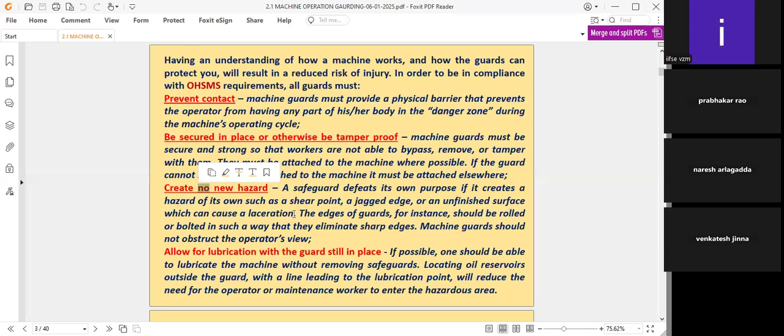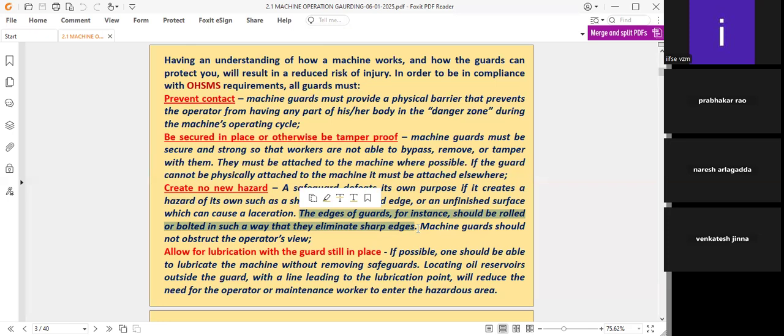Very, very important. Most of the guards are always GI pipes or GI sheet only, where the GI sheet is made locally in their workshops, and that GI sheet has sharp edges. The edges of guards should be rolled or bolted to eliminate sharp edges. Therefore, sharp edges should be fixed at the workshop itself, because GI sheets are sharp while cutting the shape of the guard.